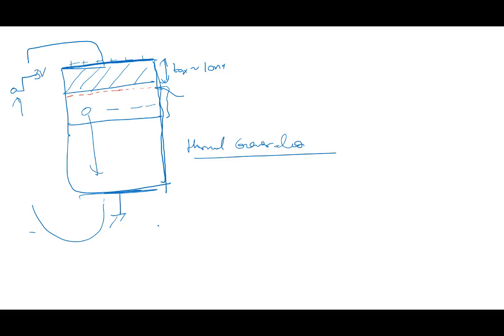Thermal generation. So at time t equal to 0, you've applied 3 volts. And thermal generation is what? It's a slow process. We'll see, that's why I'm doing the calculation, how slow that particular process is.